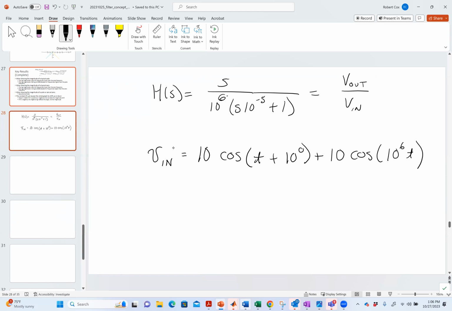First of all, if I put this signal into any circuit in steady state, it's going to have two terms. What are the two terms going to be in there?